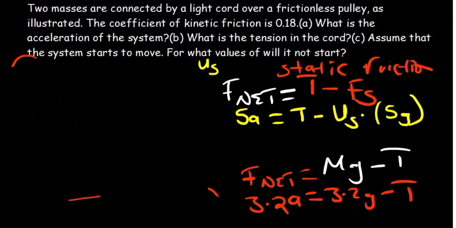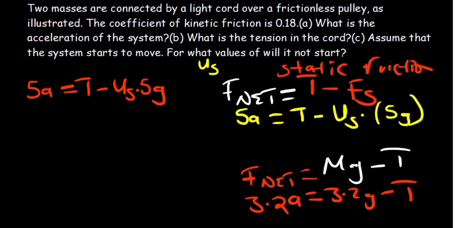I want to find the value that can make it not move. So we have 5a equal to T minus mu s 5g. When you look at the right hand side again, the one that is down, we can also make tension the subject.